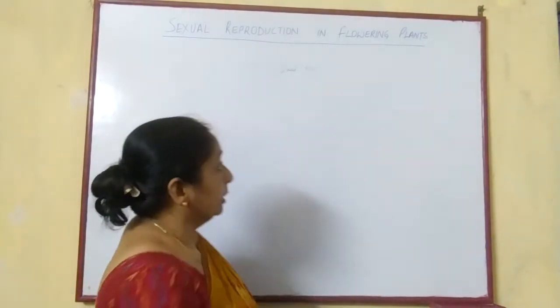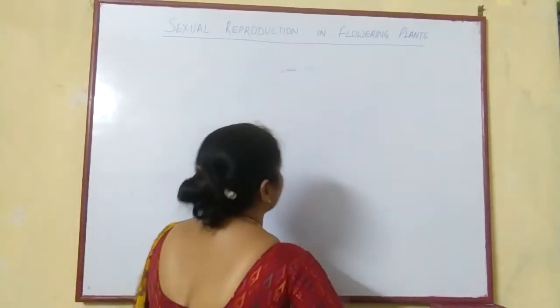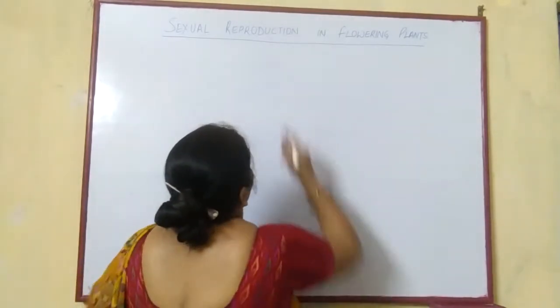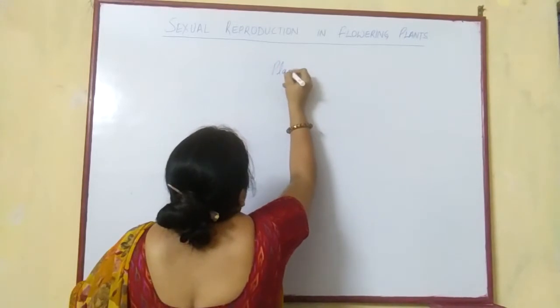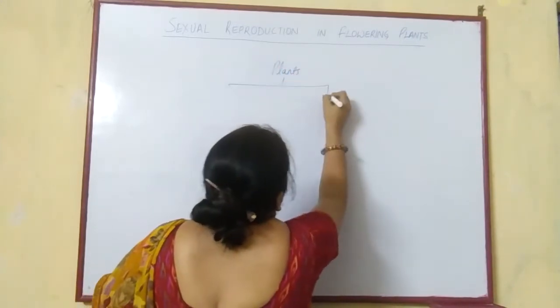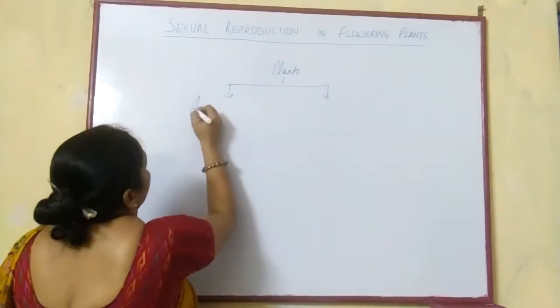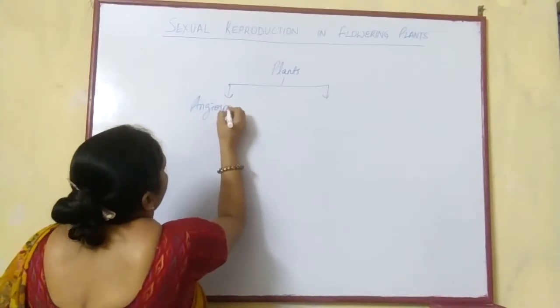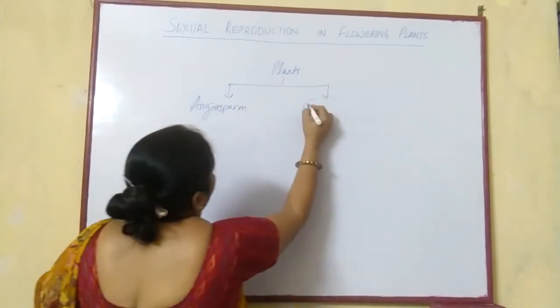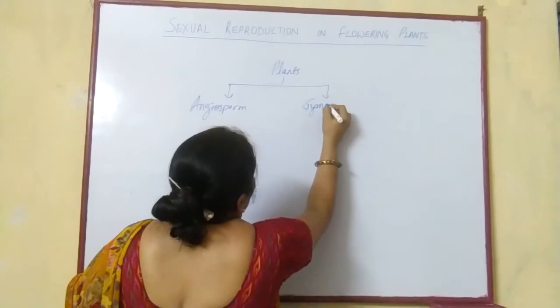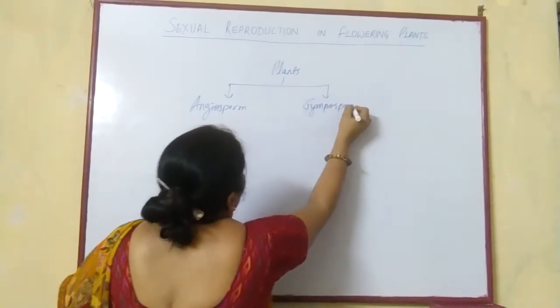And flowering plants, if we consider the group of plants, were classified into two categories, which are angiosperm and gymnosperm.